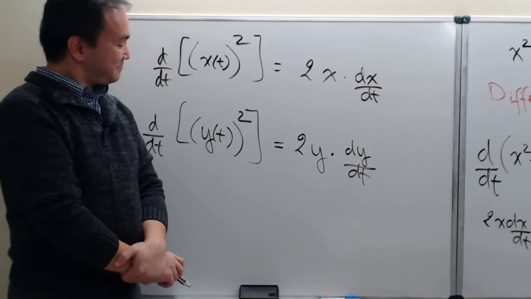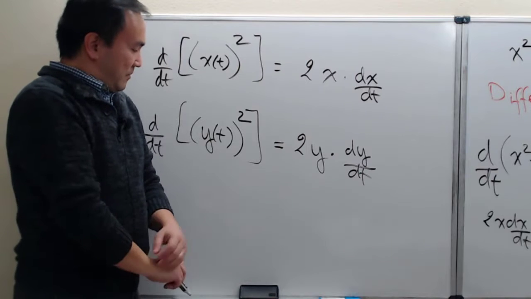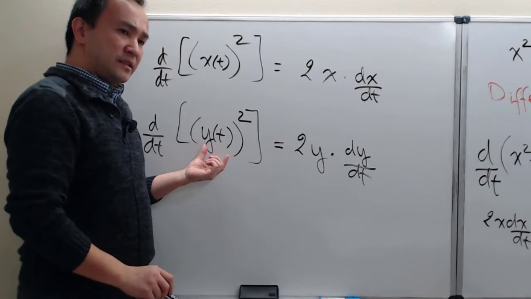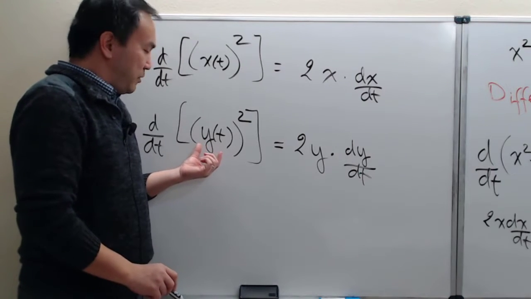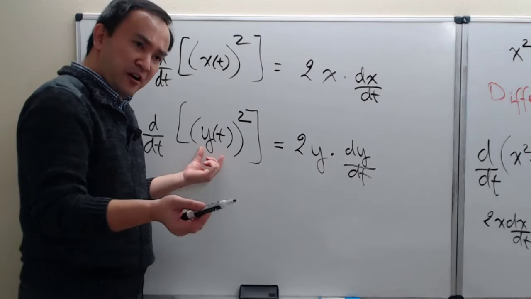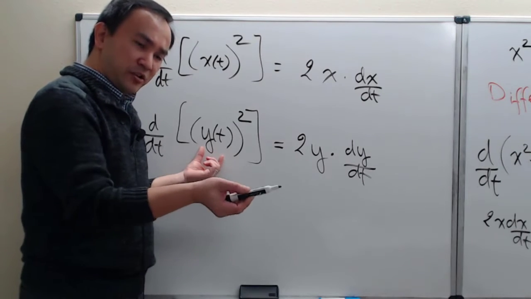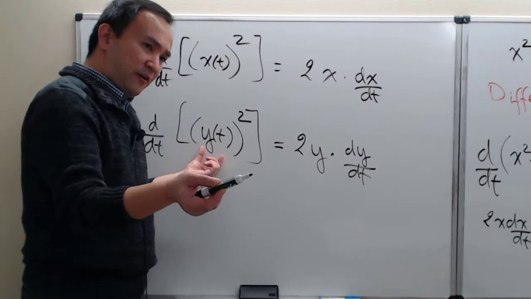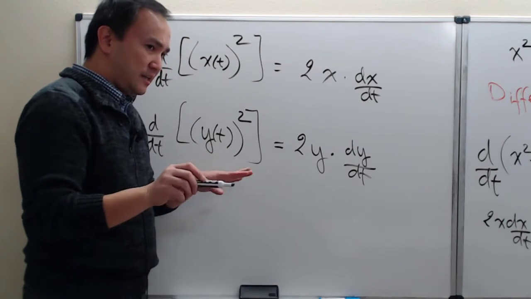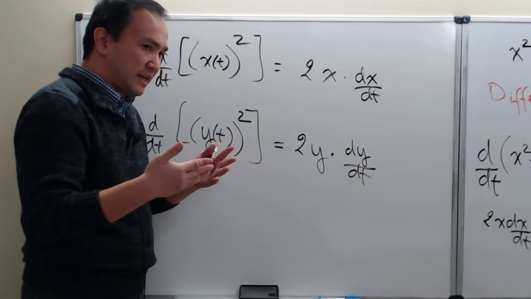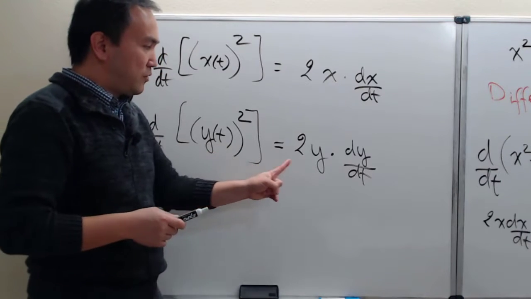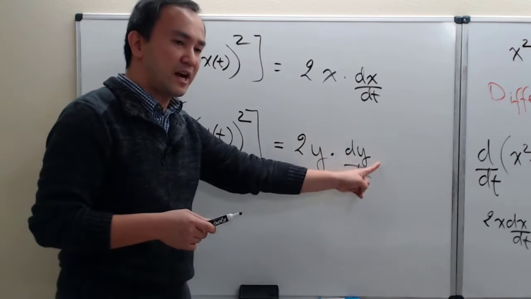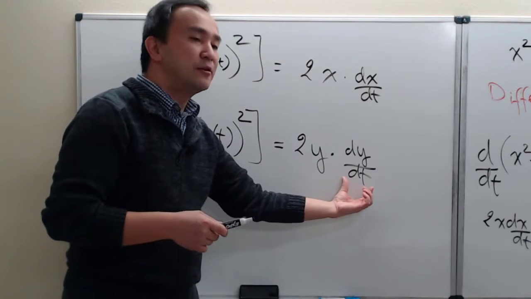And once again, why is it a dy/dt? Because y is a function of t. But we only know it's implicitly a function of t, and we don't know what exactly that function is to write it out explicitly. So the only choice we have is to write that as dy/dt, the implicit derivative.